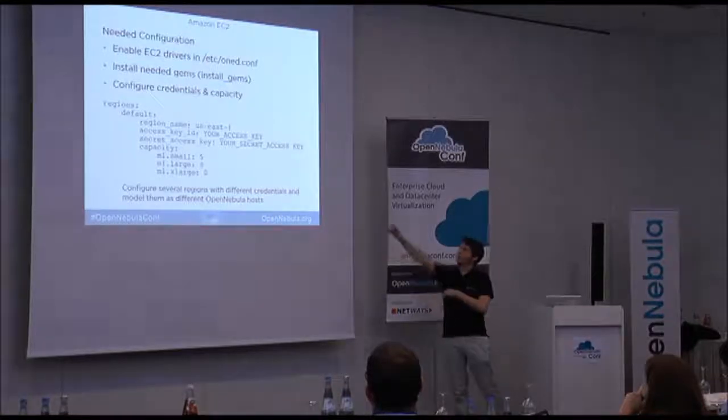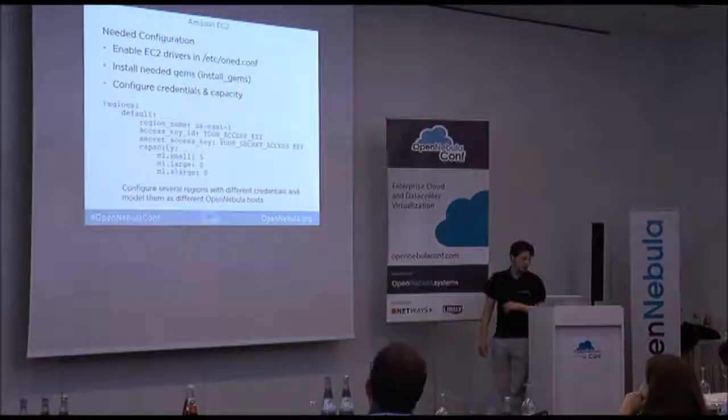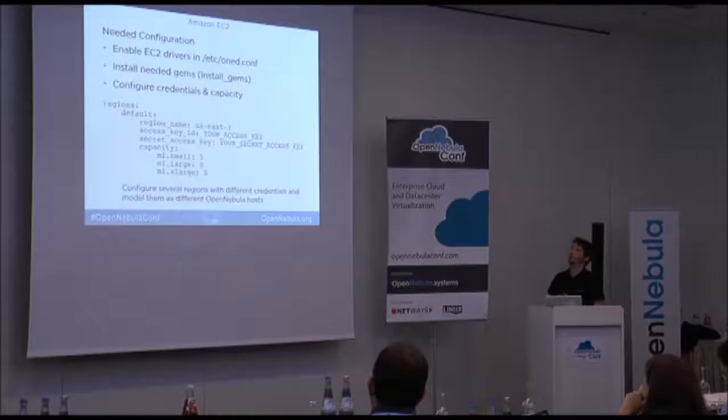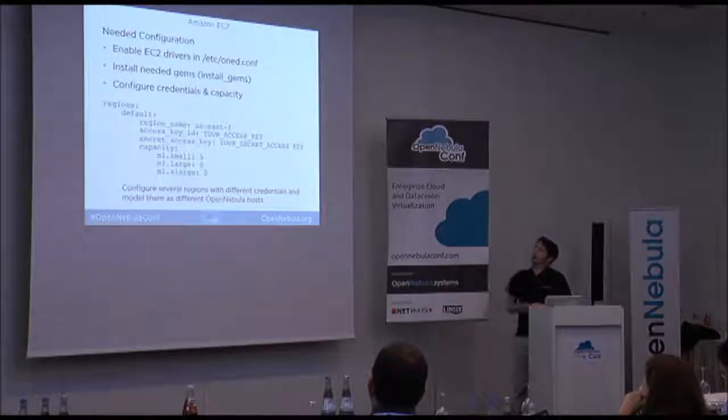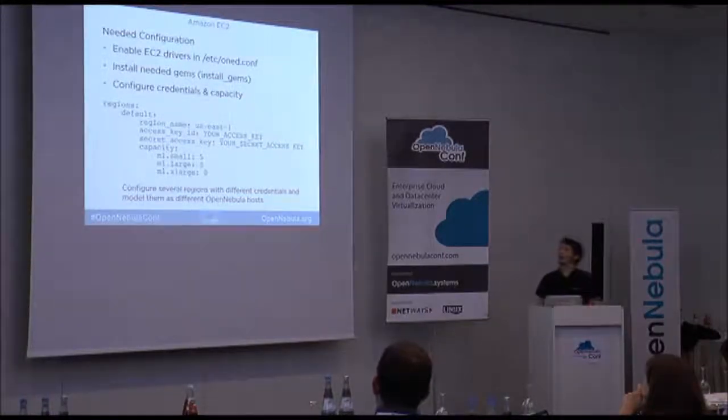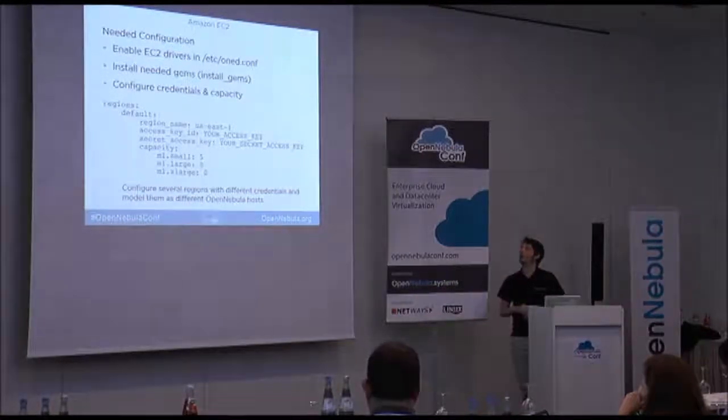These are the credentials that OpenNebula is going to use to manage and launch virtual machines in Amazon. You need the access key and the secret access key, which you can check in your AWS account.